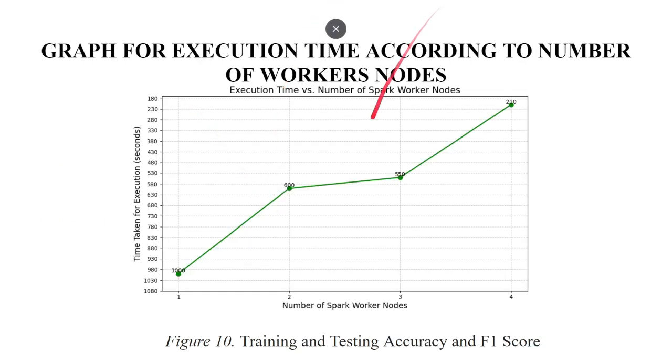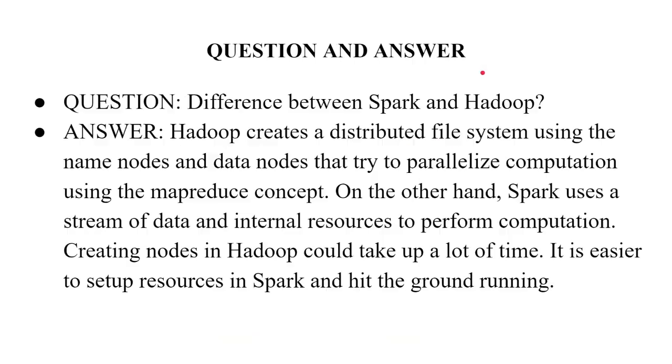Again we tested it with multiple Spark worker nodes. In this case also we had a significant decrease in our time taken for execution. There was also a question about the basic difference between Spark and Hadoop.